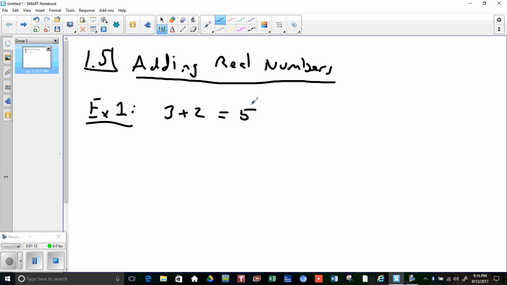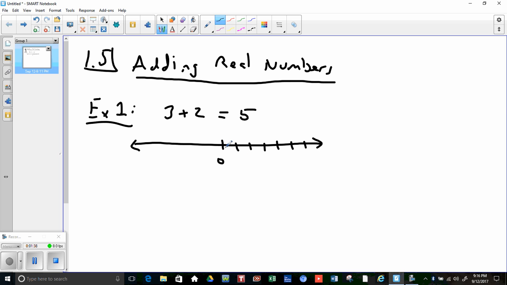Okay, that really shouldn't seem too awfully difficult. But the concept is really what we want to think about, because when it comes down to adding with negative numbers and subtracting and things, it's going to be a key concept there. So again, think about a number line. We'll put 0 in the middle. 1, 2, 3, 4, 5, 6.